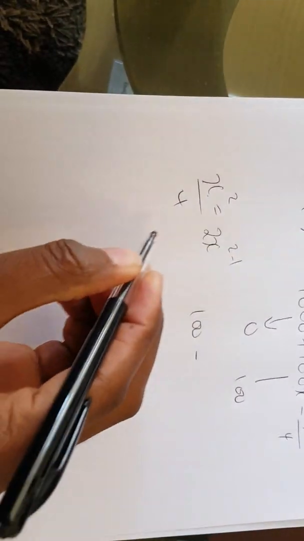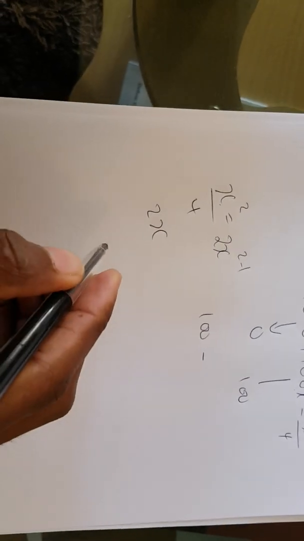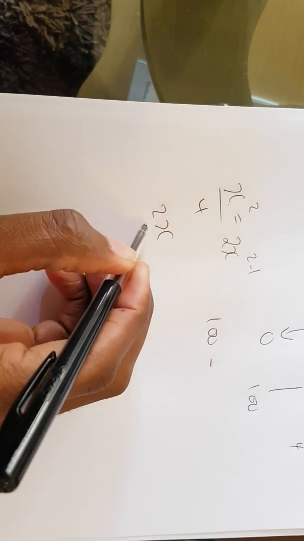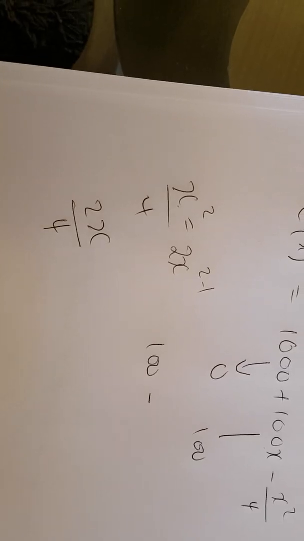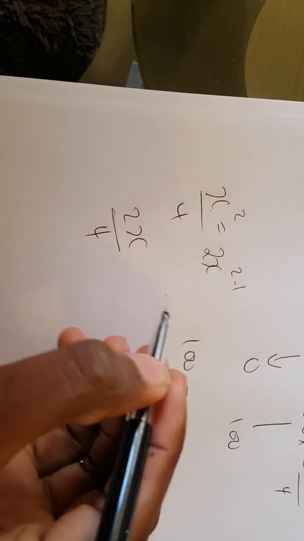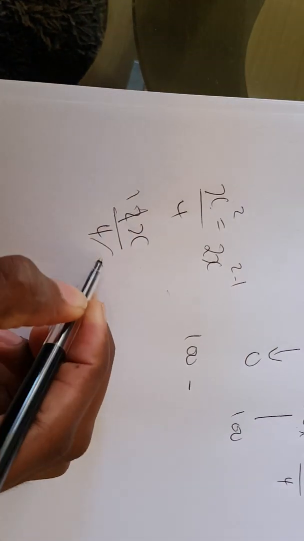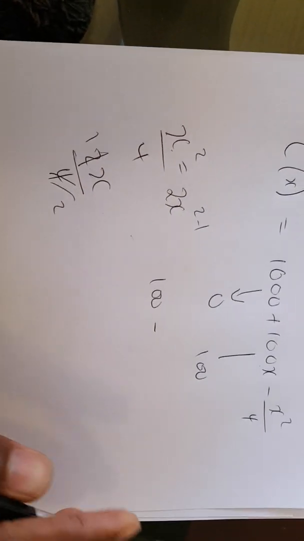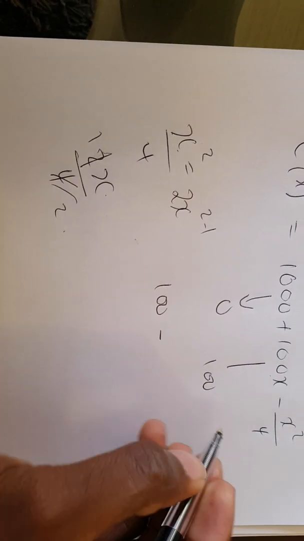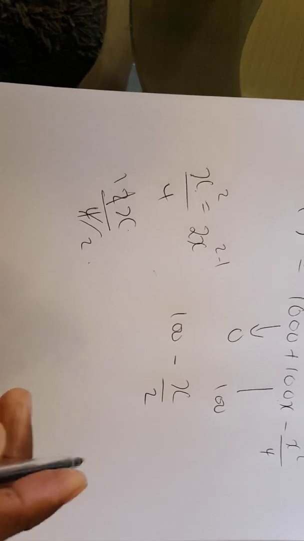So you will end up getting 2x over 4. So 2x over 4, you can divide here. 2 by 2 is 1, 2 into 4 is 2. So you're going to get x over 2, so it's going to be 100 minus x over 2.